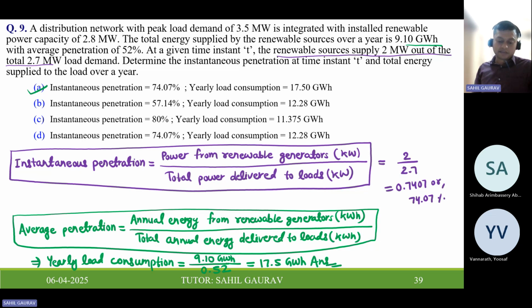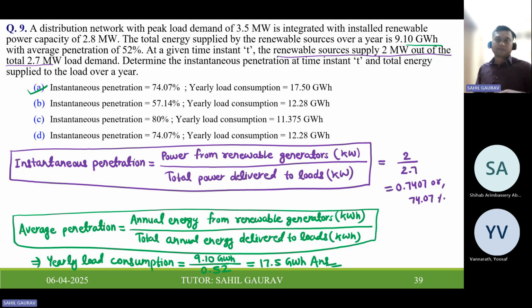Not exactly the same. It is 17.5. This is the correct way.